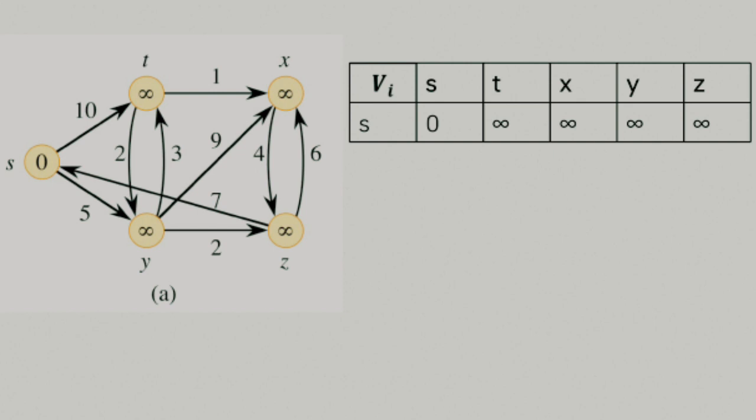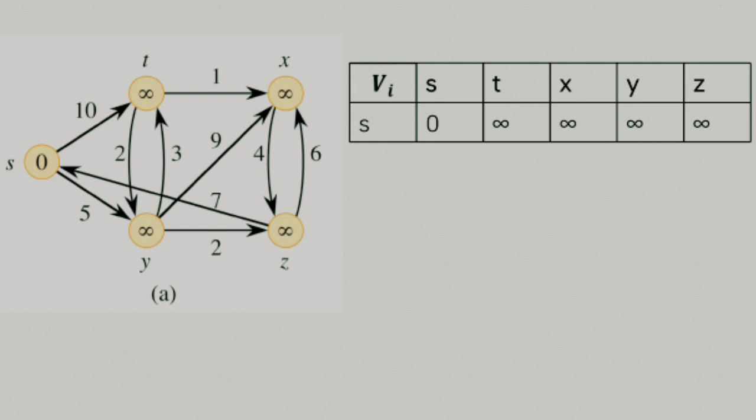So we are supposed to find the shortest distance from the vertex S to all the other vertices T, X, Y, and Z. In the graphical representation, the values written within the vertex indicate the distance from the source vertex. The distance from the source vertex to itself is always 0, and hence the value 0 is assigned to the vertex S. For all the other vertices, we initialize the distance as infinity.